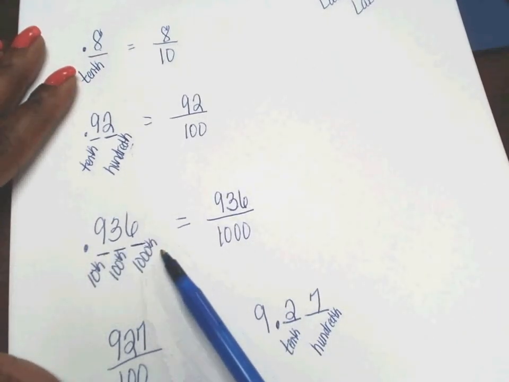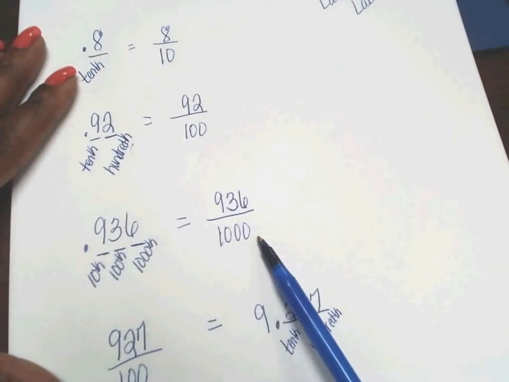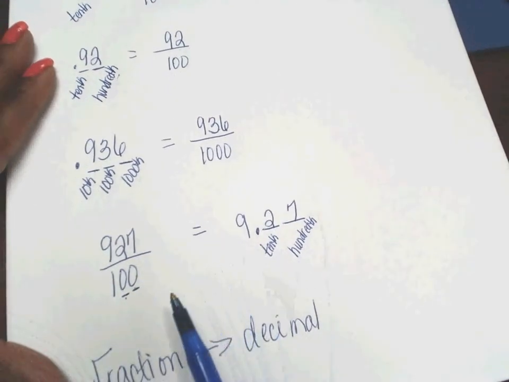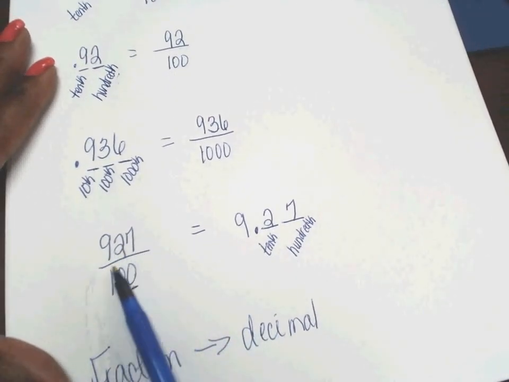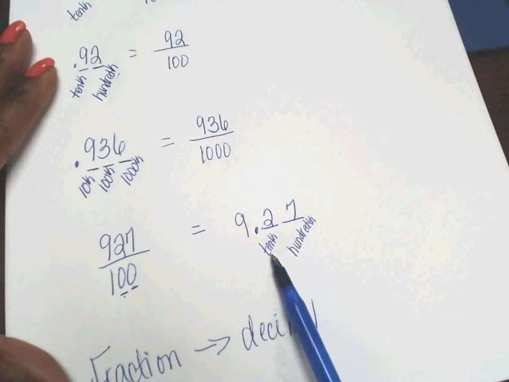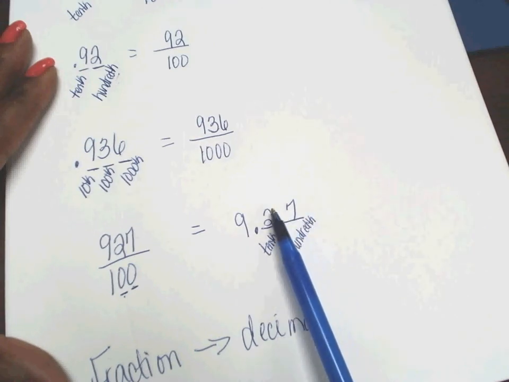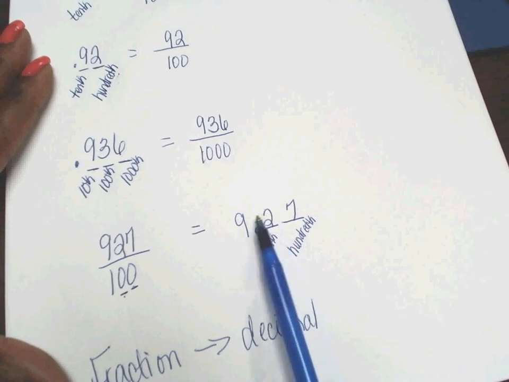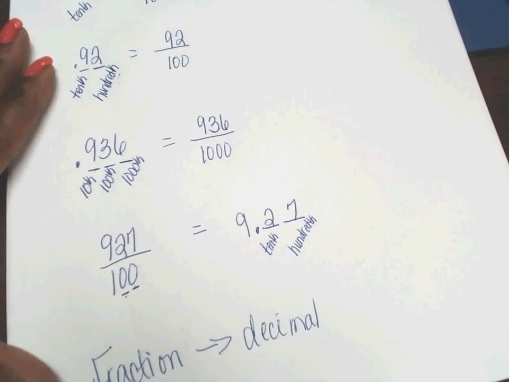With 936 thousandths, your denominator is 1,000. And then here, Miss McQueen got a little happy and made 927 over 100, and then I underlined my zeros. I put my two underlines here, labeled, and then I wrote my numbers, and it's kind of like writing them backwards so you don't miss anything. So that's kind of what I did there.